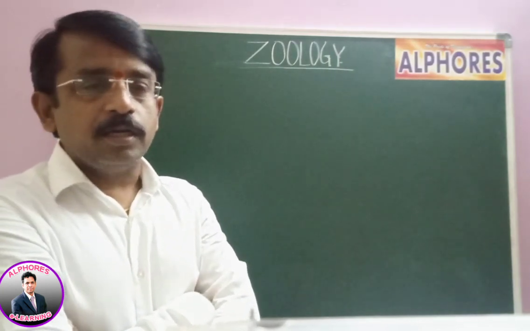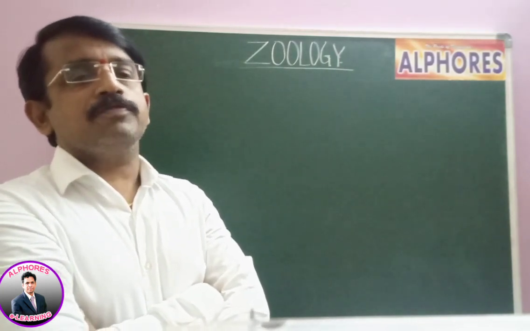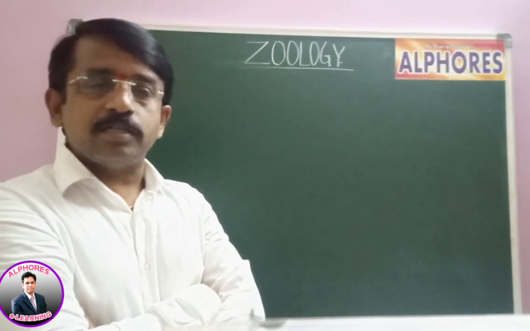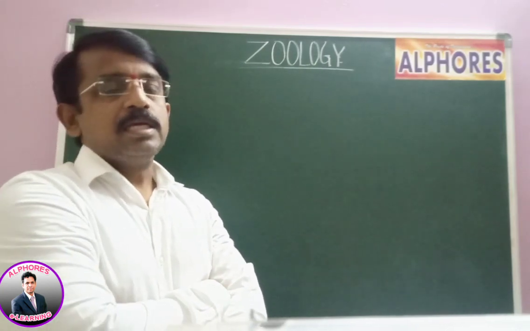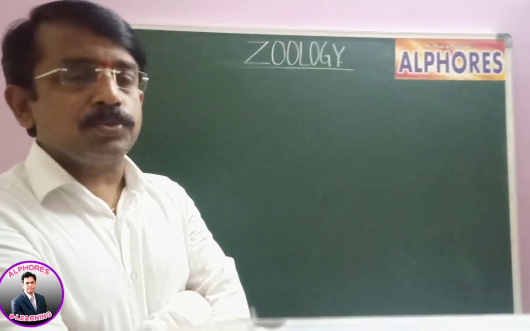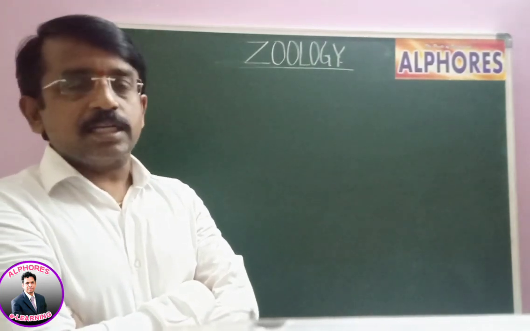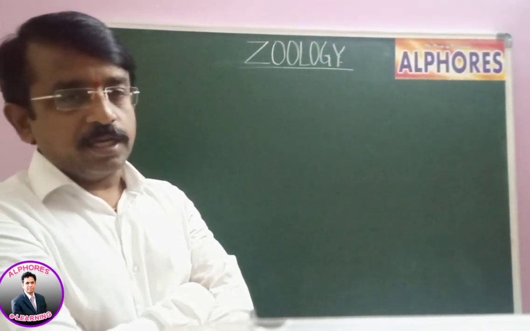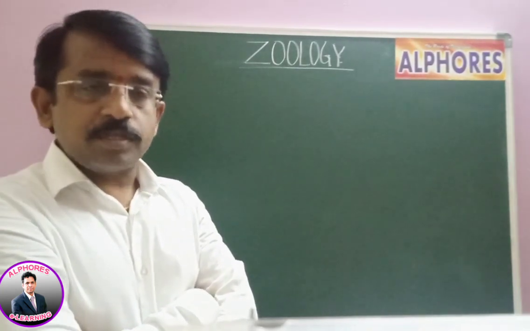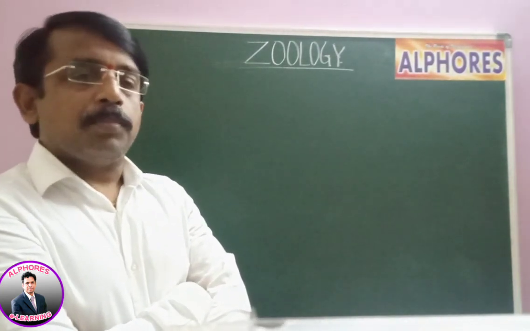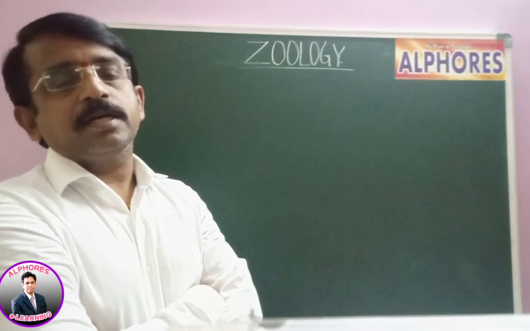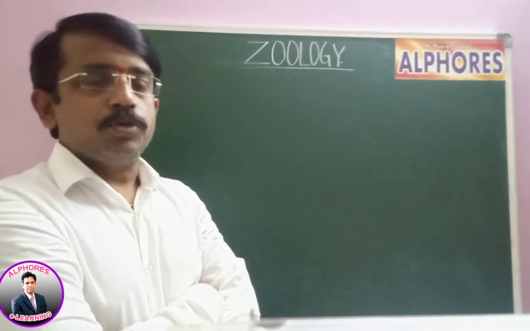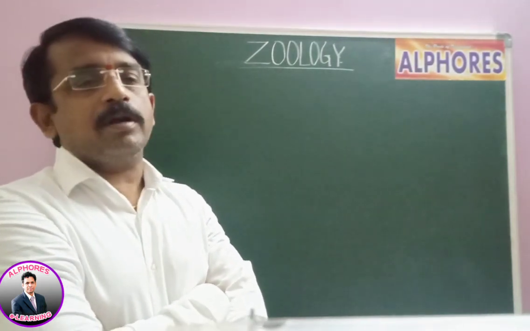Only 2% of the pancreas is endocrine, which includes the islets of Langerhans.